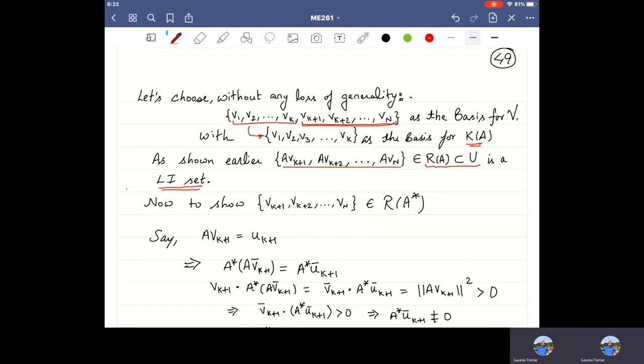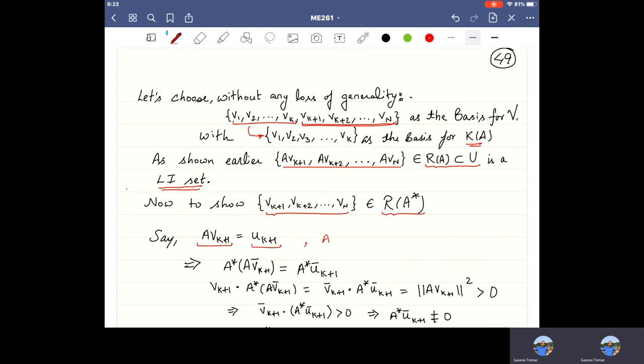Now we want to show that all these vectors vk plus 1 to vn belong to the range of A star. If we show that, then we can say that the vector space V can be divided into two pieces: the range of A transpose plus K of A. To show this, let's say A vk plus 1 gets mapped to uk plus 1.